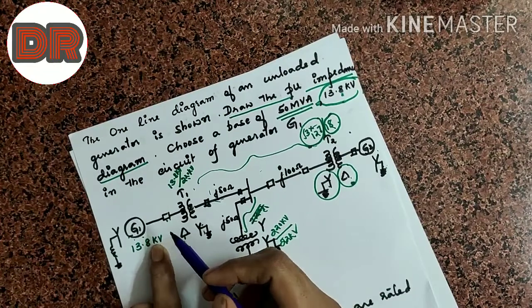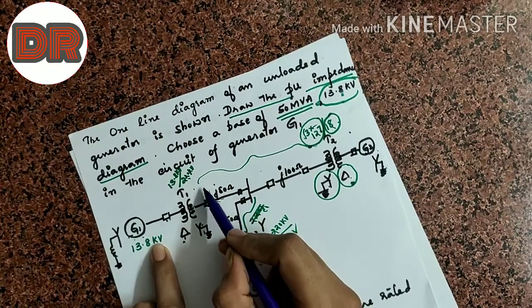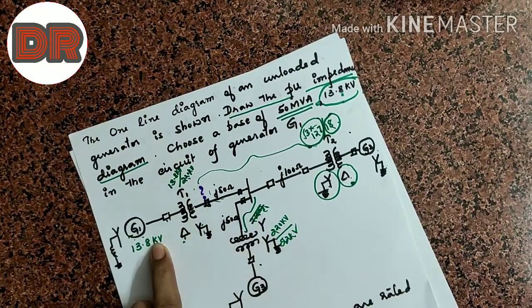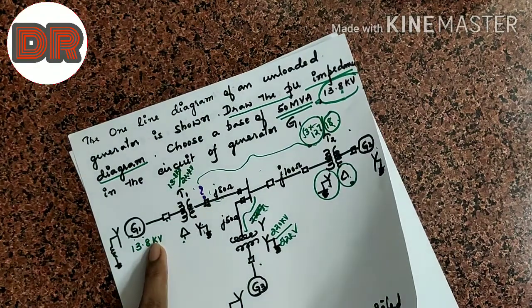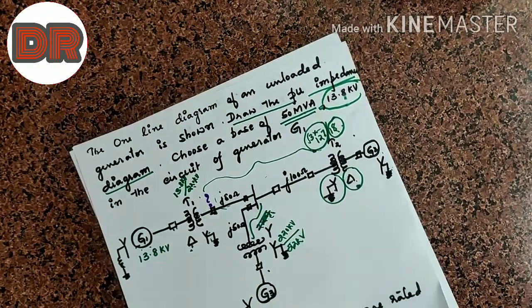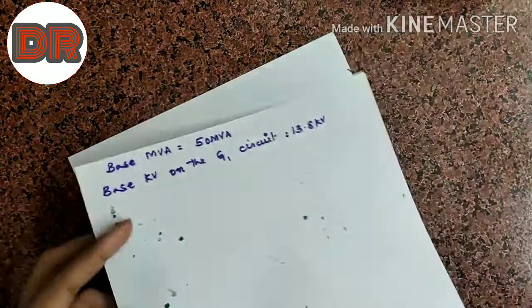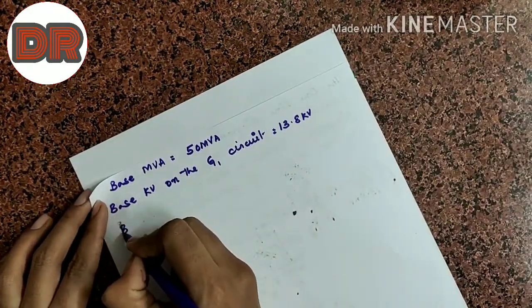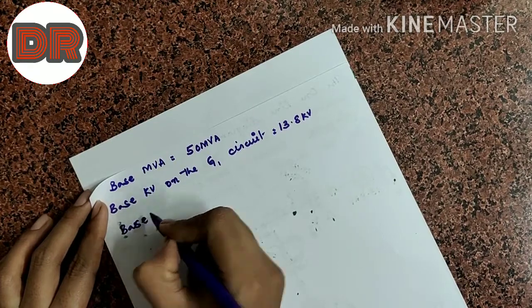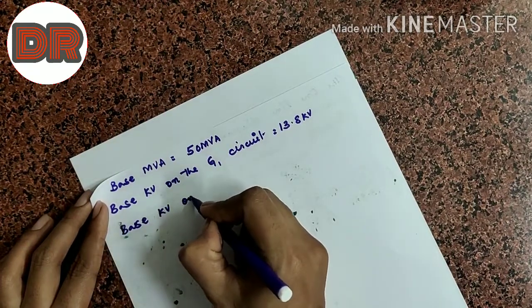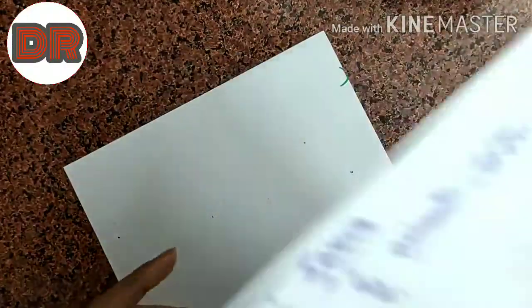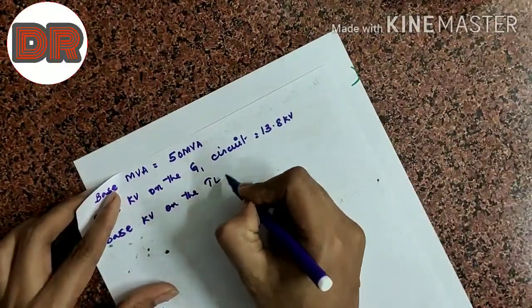Now with respect to this, you have to calculate the base kVs on the other side of this transformer. If this is 13.8 kV, what is the base voltage over here? In the previous numerical I have told you how to calculate this voltage. This is on the high voltage side, on the transmission line circuit.